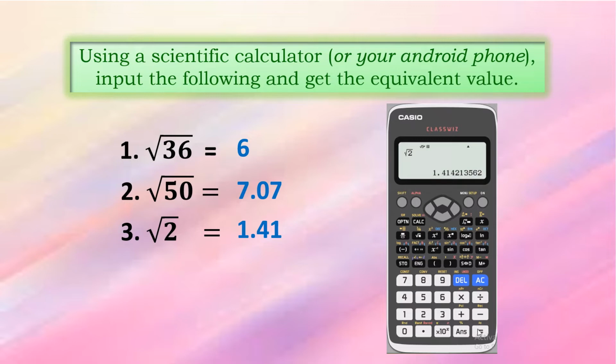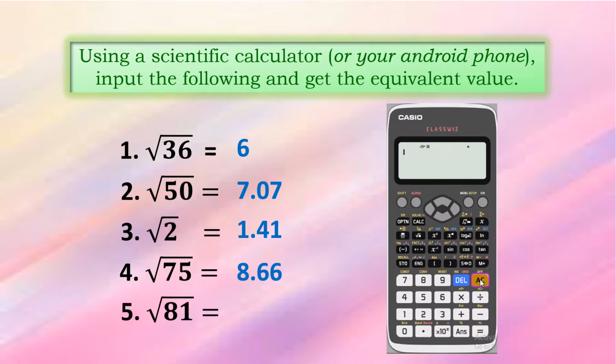Square root of 2 is this. If we round it off to the nearest hundredths, that would be 1.41. Square root of 75 is this. If we round it off to the nearest hundredths, it is 8.66. And square root of 81 is 9.